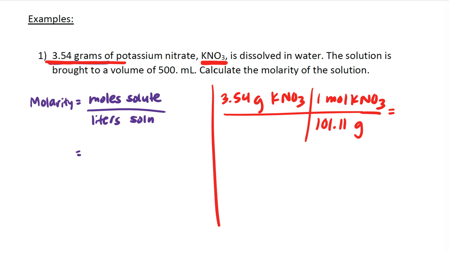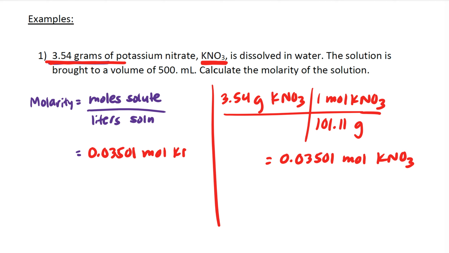So we're going to get an answer of 0.03501 moles of potassium nitrate. That's exactly what we're going to plug in here into our molarity equation, 0.03501 moles of KNO3. Okay, done with the numerator.